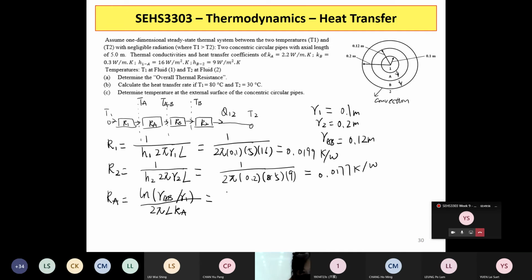So that should be ln, 2 pi 5 should be 2.2. Hello, what's the number? Please help me calculate this number, okay? I don't have a calculator.